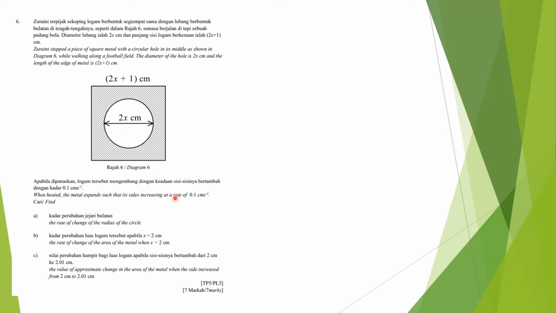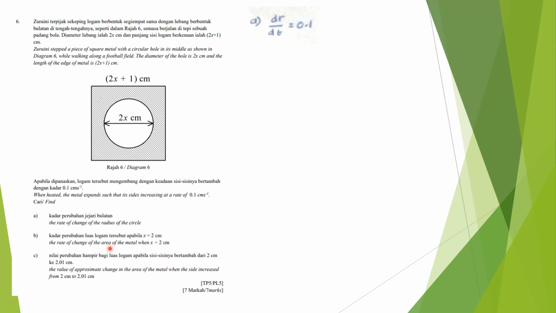So when the metal expands at the rate 0.1, of course the circle also has to expand at the rate 0.1. So our rate of change of radius dr over dt will be the same as the metal, 0.1.